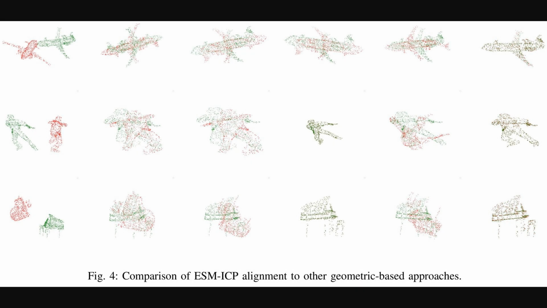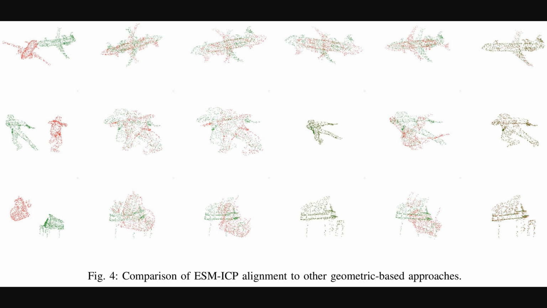Okay, so after seeing how exponential similarity matrix iterative closest point handles a single object like the bunny, Figure 4 now broadens the view by visually comparing its alignment results against other, what are called geometric-based approaches. These are traditional methods that rely on the shape and geometry of the point clouds to find the alignment.